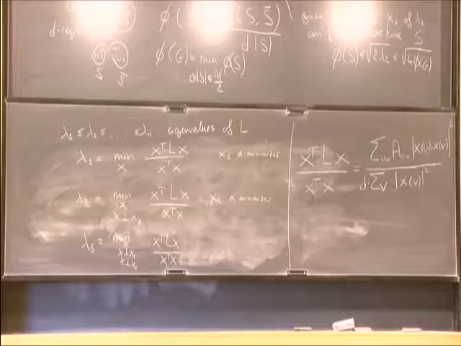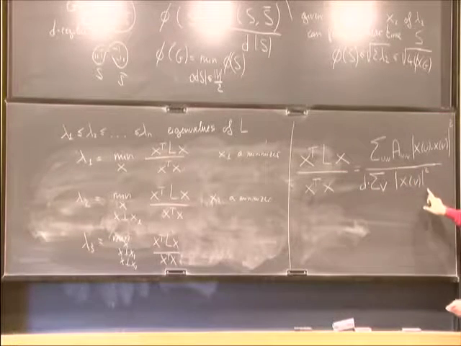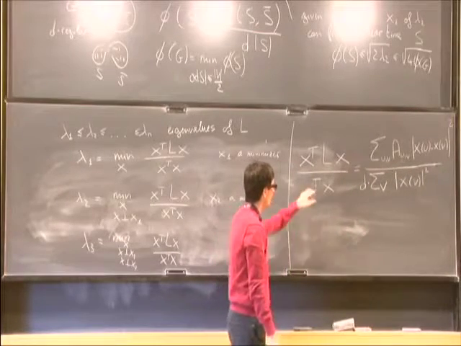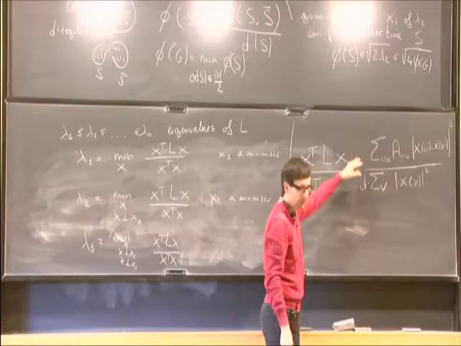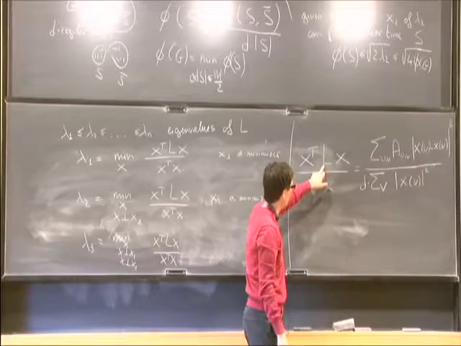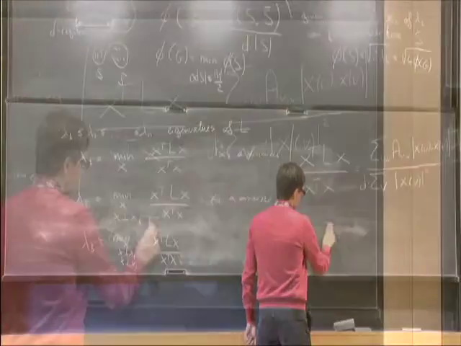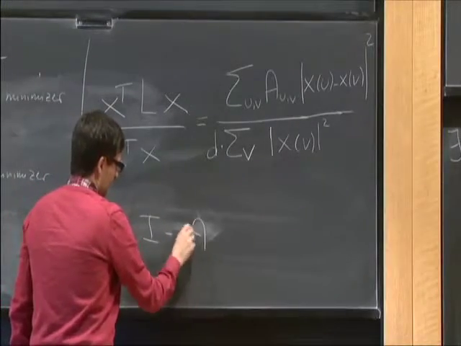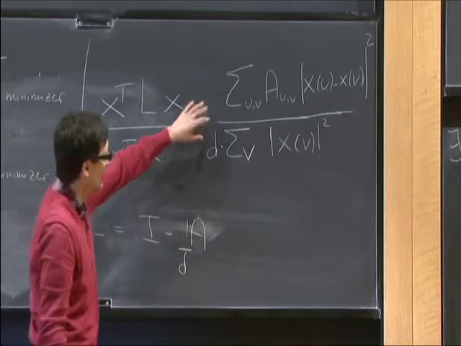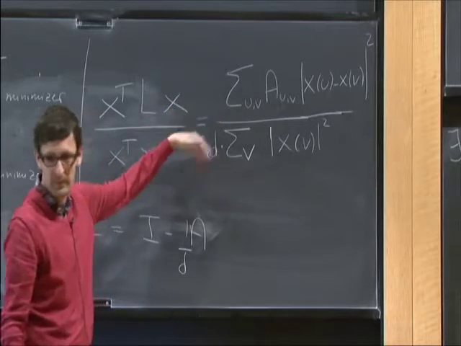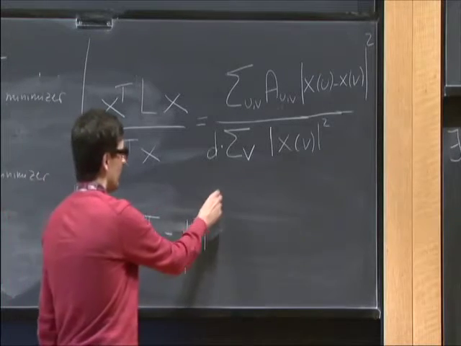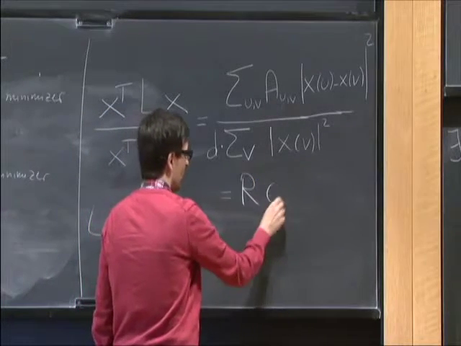This is because, when opening up this expression, one immediately gets the numerator. There is a d here because L was defined to be this, so one gets this expression after multiplying by d. So dividing by d normalizes. And we'll call this the Rayleigh quotient of a vector x.